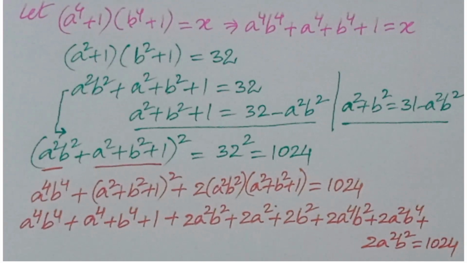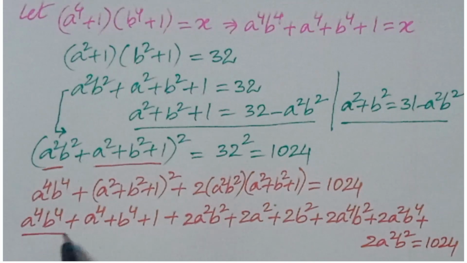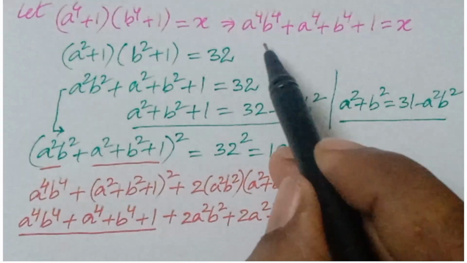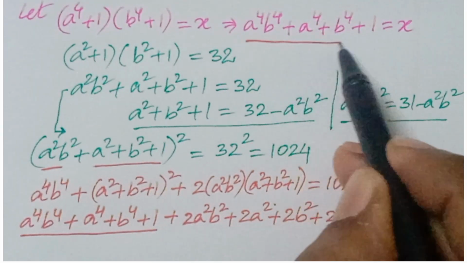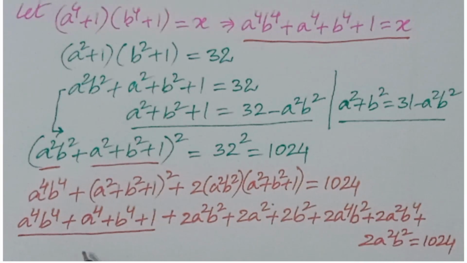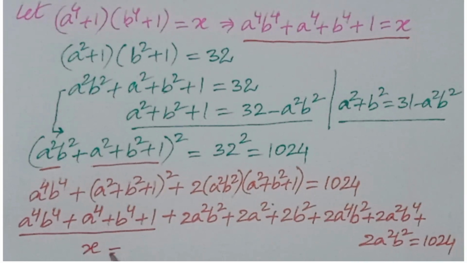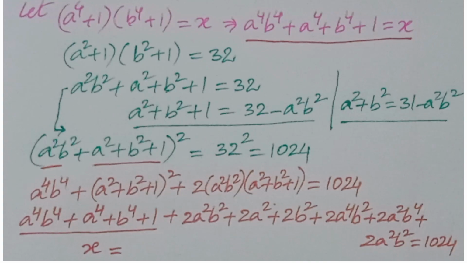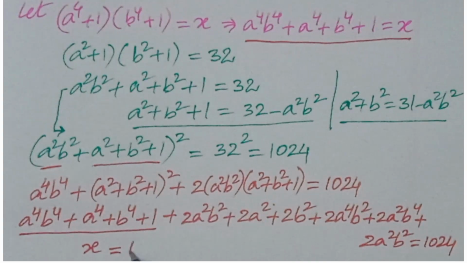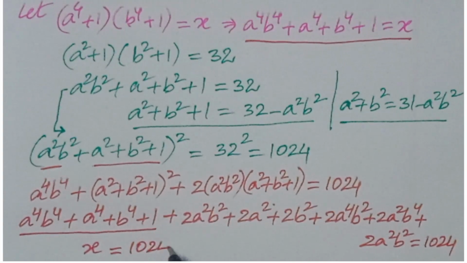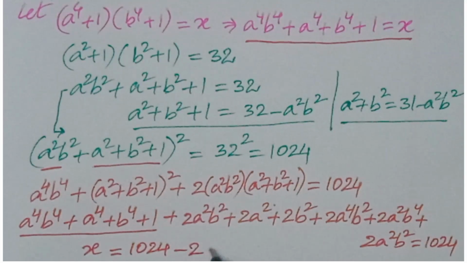Now this is nothing but the x value, so I am taking this as x and sending all the terms to the other side, 1024, and taking 2 common.